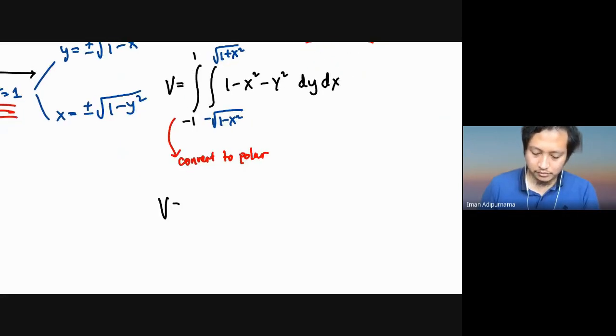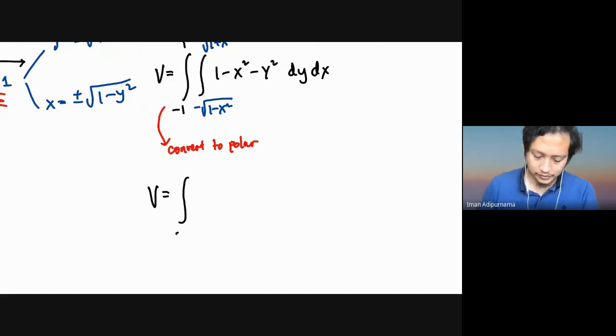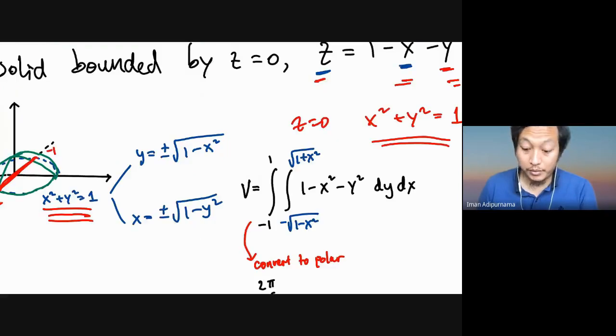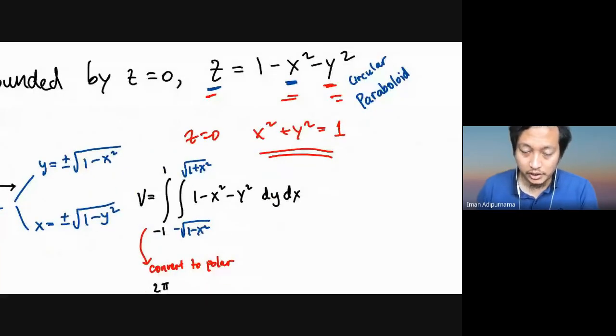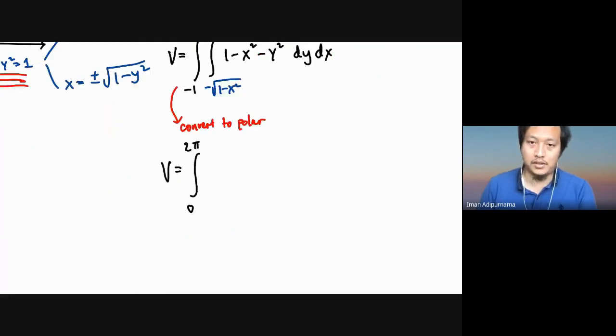So volume is from 0 to pi. Actually, if you can see from the beginning that you can convert to polar, you can skip all this xy process and directly go to the polar.